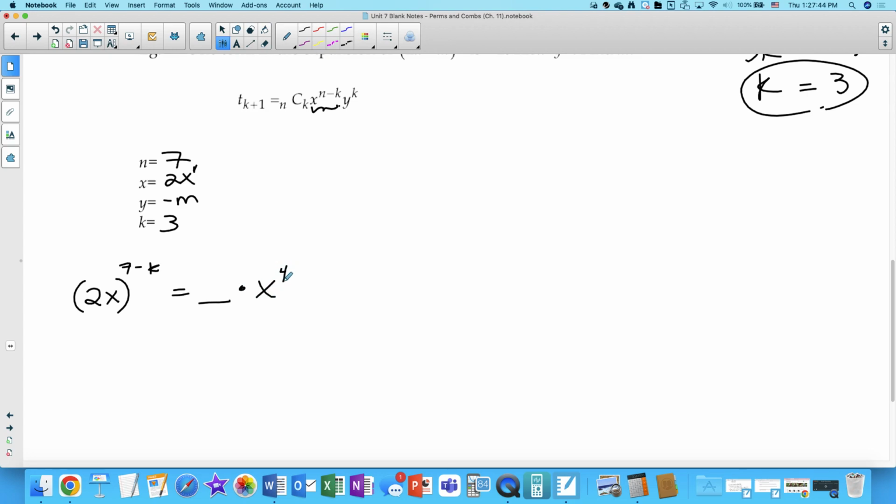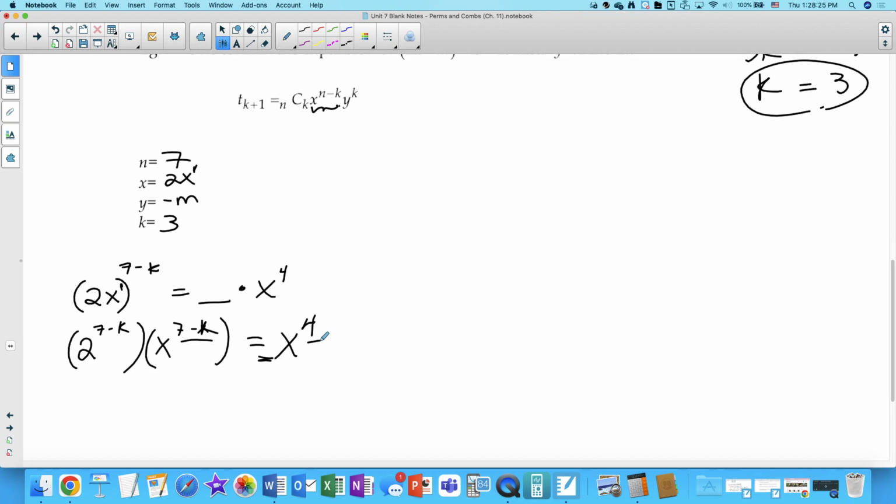Because this is a 1, this is going to be 2 to the 7 minus k times x to the 7 minus k, which has to equal something times x to the 4. So I would work it out from here: 7 minus k has to equal 4. Could you just not put the 2 in at all? Yes, same idea. Okay, so k equals 3.